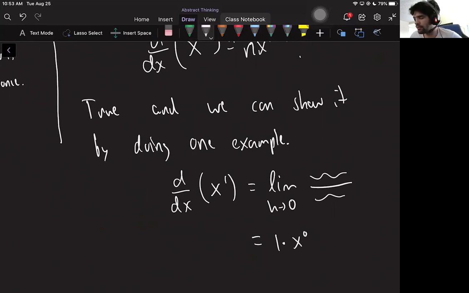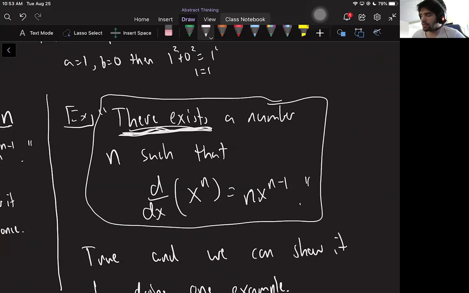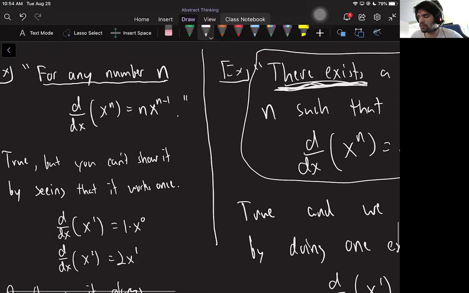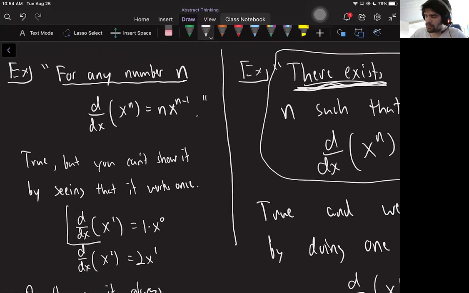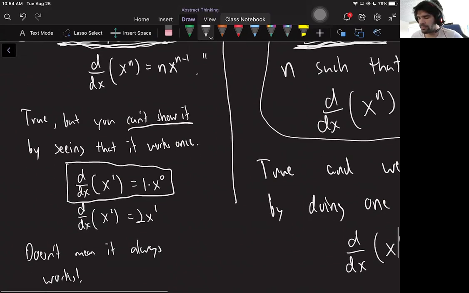And that would be enough to prove that the claim, that the statement is true, but that's only because the statement is that there exists something that works. Versus over here, if I did that to show this works, that would not be enough, because I still have to show it for all the other numbers. And I literally cannot just do every number separately.